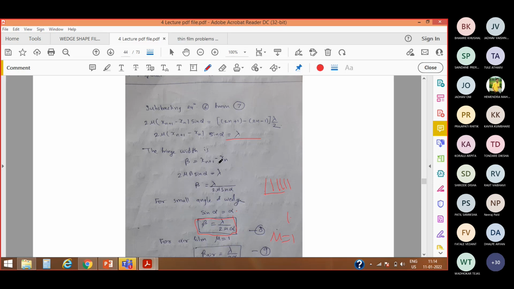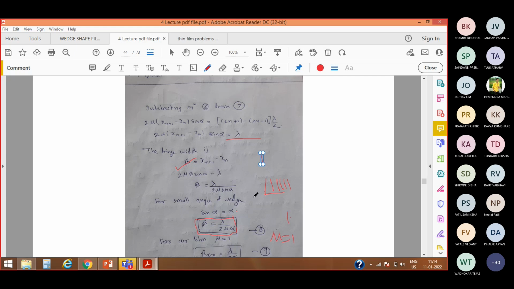The fringe width, the distance between two fringes, is given by beta is equal to x of n plus 1 minus xn. I have given the fringe width as beta. So whatever distance between two fringes, I have taken it as beta. Then what equation I will get? 2 mu into beta into sin of alpha is equal to lambda.